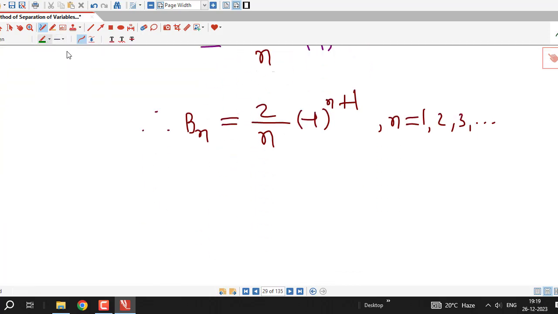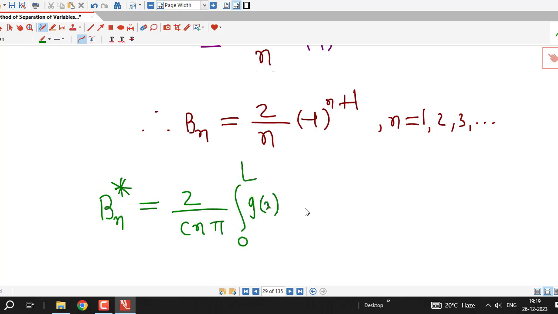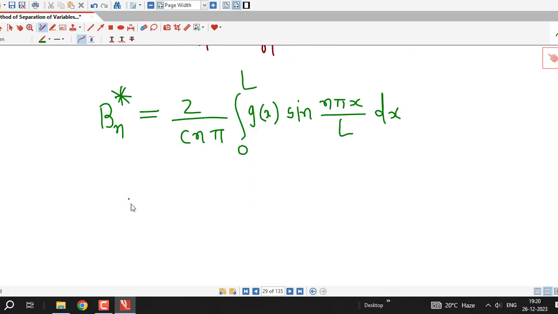Now what is Bn star? Bn star is given by 2 divided by C n pi, integral of function g(x) multiplied with sin(n pi x over L) dx. But here g(x) is 0, therefore Bn star is 0 for all n.